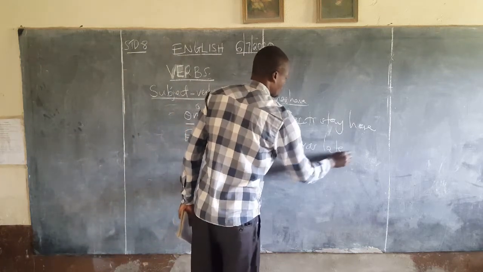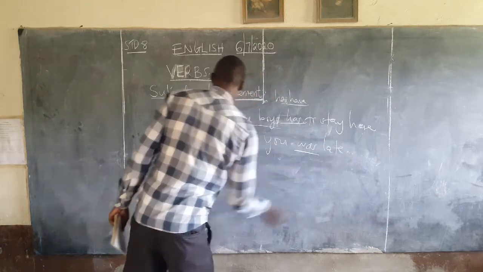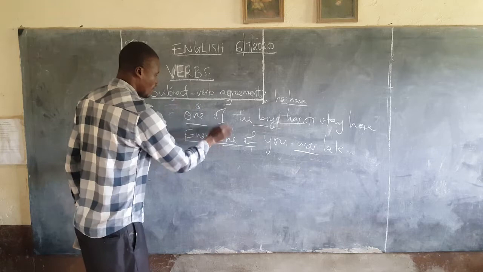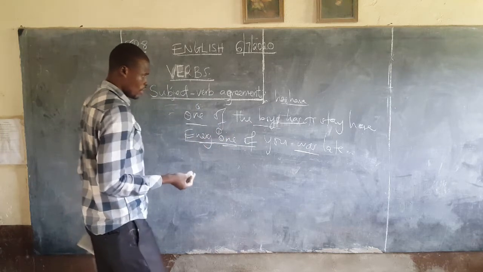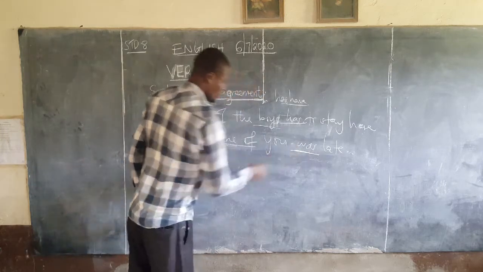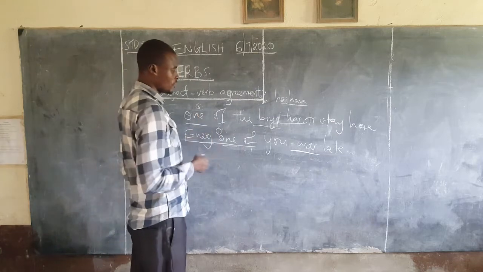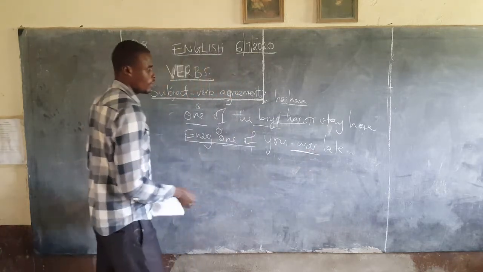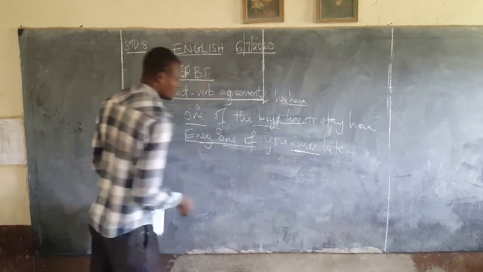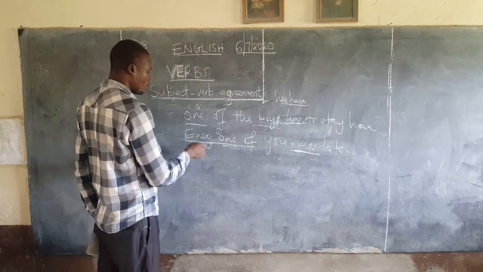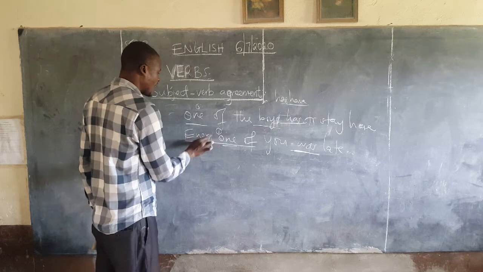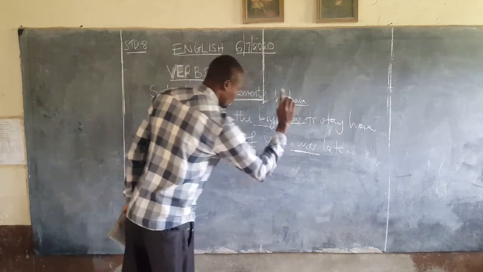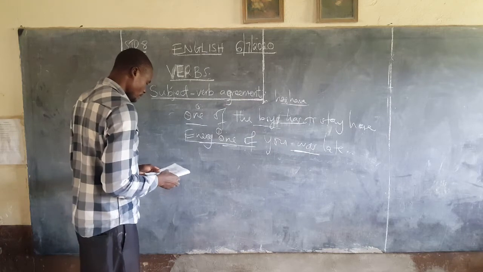So when we talk of every one, learner, remember, we refer to an individual. That's one subject. So every one of you was late. Every one of you was punished. Don't say every one of you were late. That is wrong. Every one of you was. Every one of them has to come tomorrow. Has to come. So meaning we refer to one individual.